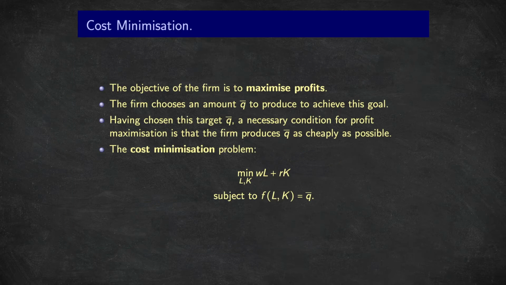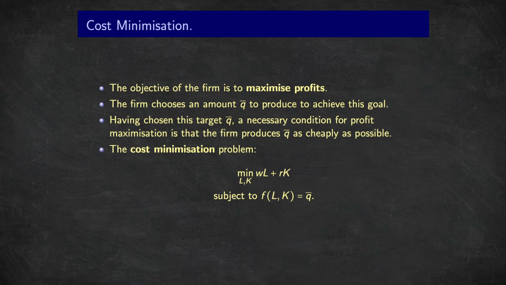Now let's discuss the firm's cost minimization problem. Remember that in general, when we look at an isoquant, there are many different combinations of labor and capital that all produce the same amount. Also, each of these combinations may well have a different cost. So, when trying to produce a certain amount of output, the firm wants to do this as cheaply as possible.